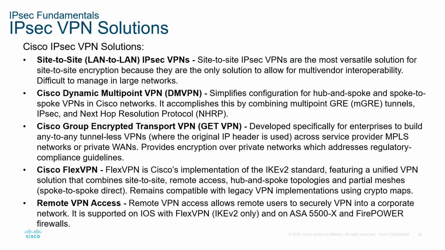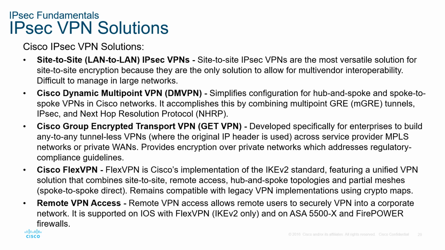So, in previous material, we talked about IPsec VPN-based tunnels being site-to-site or remote VPN. Those are the two main categories of tunnels. However, Cisco allows us to dive a little deeper with our IPsec VPN tunnels, being a site-to-site VPN or LAN-to-LAN. We could have a Cisco Dynamic Multipoint VPN, or DMVPN. This basically allows us to use a GRE connection, which we modify to be a multipoint GRE tunnel, and we use that with IPsec so that we can have our encryption.